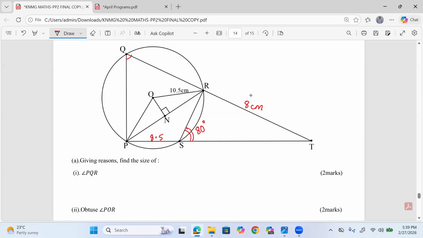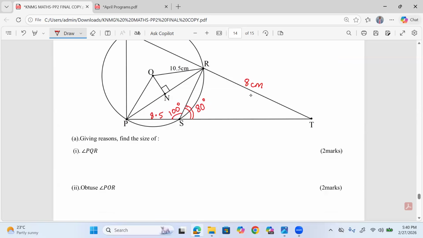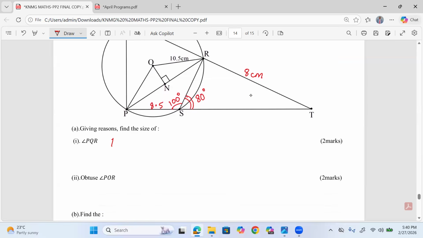Using the straight line PST, this inner angle here should be 100, because along a straight line we expect 180. Then this being a cyclic quadrilateral, we can agree that opposite angles in a cyclic quadrilateral are supplementary. Therefore, we take 180 minus 100. That angle becomes exactly 80.